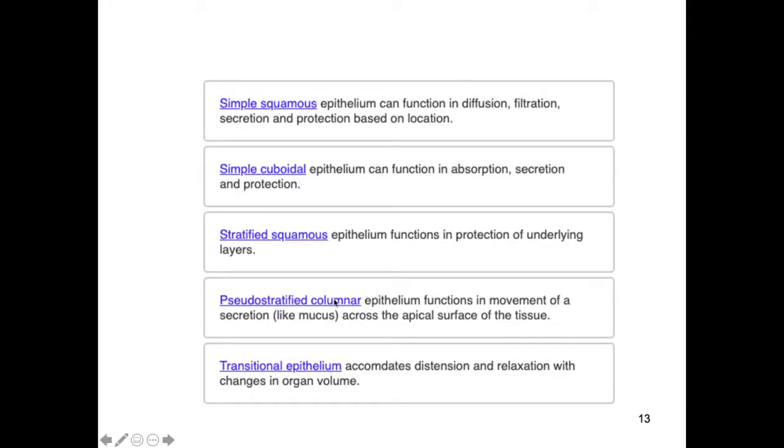There are a type of cells that are called goblet cells, and goblet cells produce mucus. That mucus will start to stick to the cilia that are at the ends of the columnar cells.